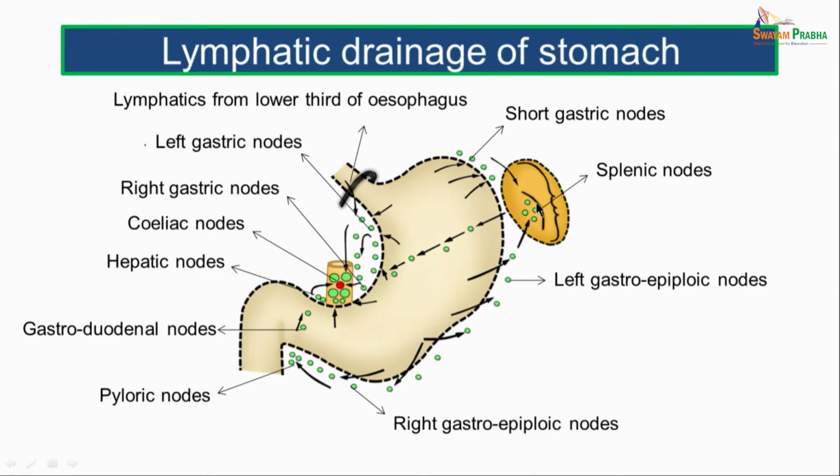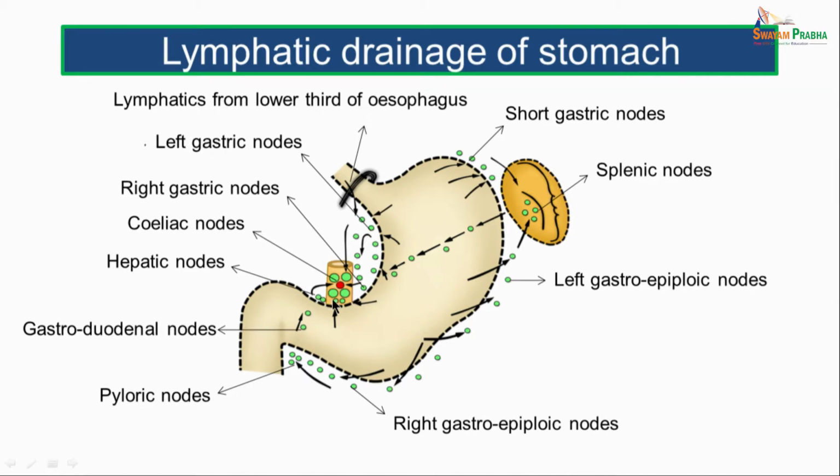Around the hilum of the spleen, we see the splenic lymph nodes. More inferiorly, near the greater curvature, we see the left gastroepiploic nodes and the right gastroepiploic nodes. Just inferior to the pyloric antrum, we see the pyloric group of lymph nodes. Anterior to the pyloric antrum, we see the gastroduodenal nodes.